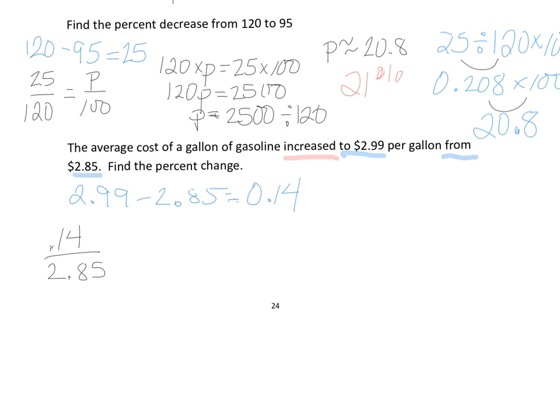That's a decrease. So since this is an increase because it tells us it's an increase, we know we're going from 0.14 over 2.85, and it's going to equal P over 100. We go about our cross multiplying the way we have been.